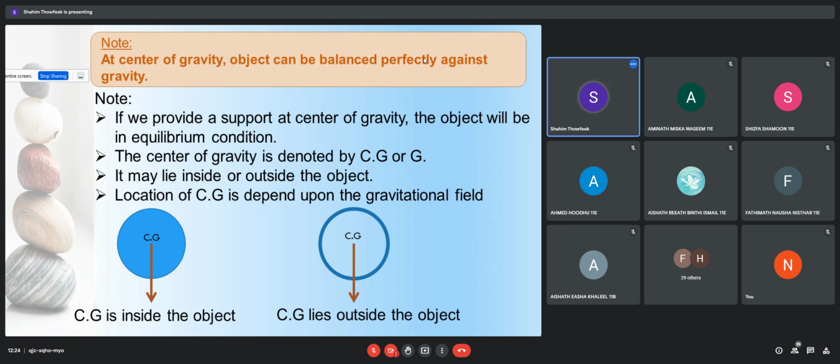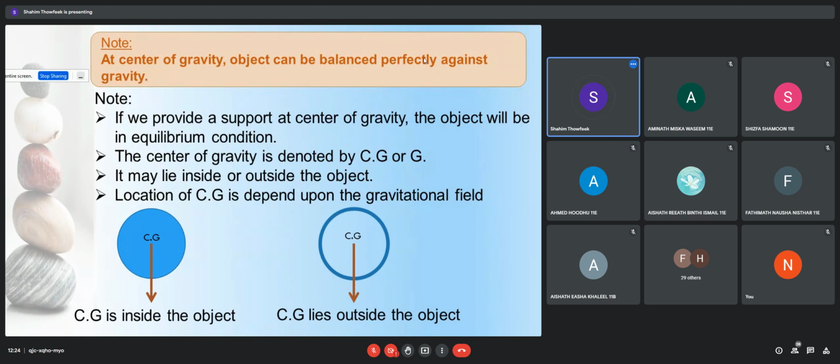If we change the gravitational field, the location of the center of gravity will change. It may move down or up according to the gravitational field strength. Okay, now you can see the center of gravity is not a fixed position.